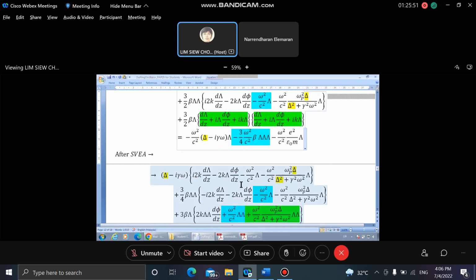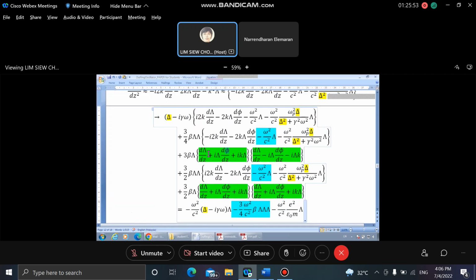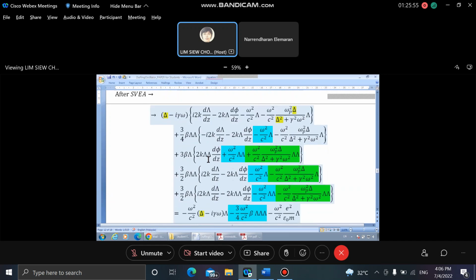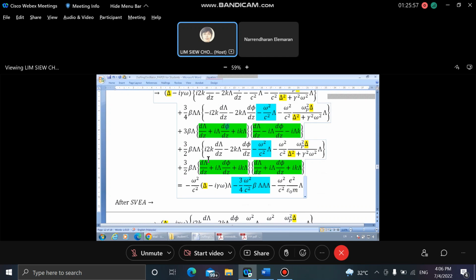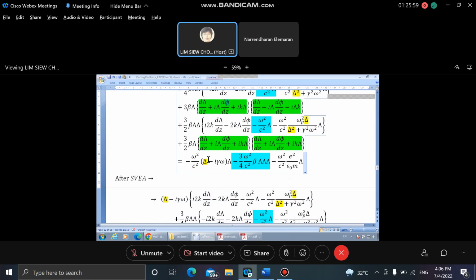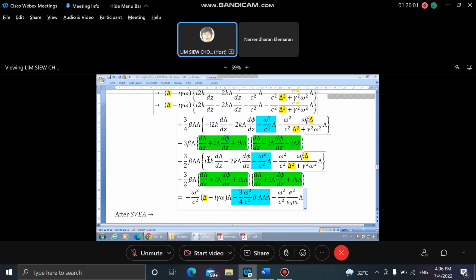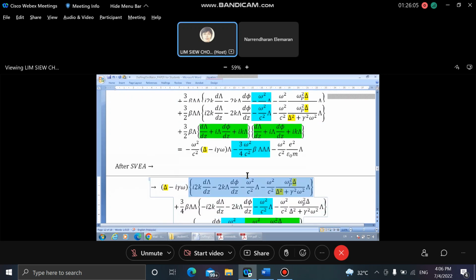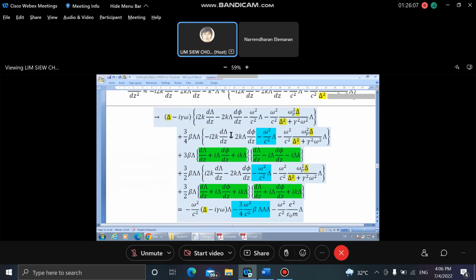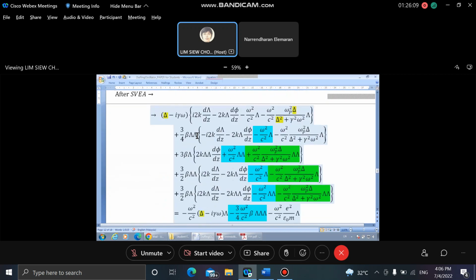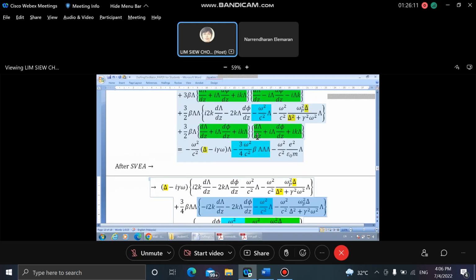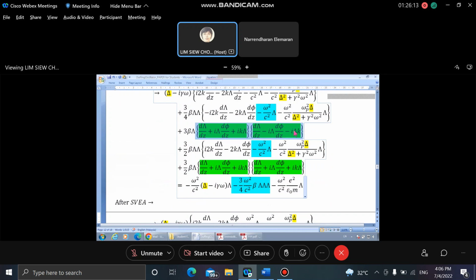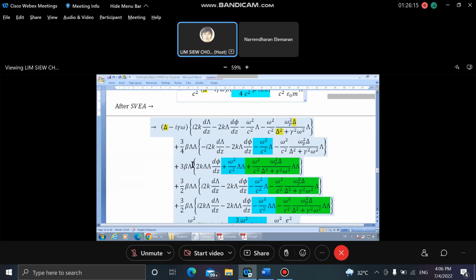So after the SVEA, why do I have this? I think I just copy paste. No, I don't think so. I think I do open the bracket. This is the same as this. This is the same. Okay. And then this, I open the bracket.